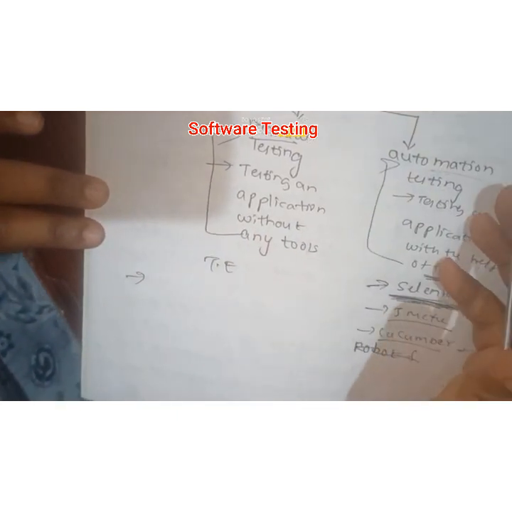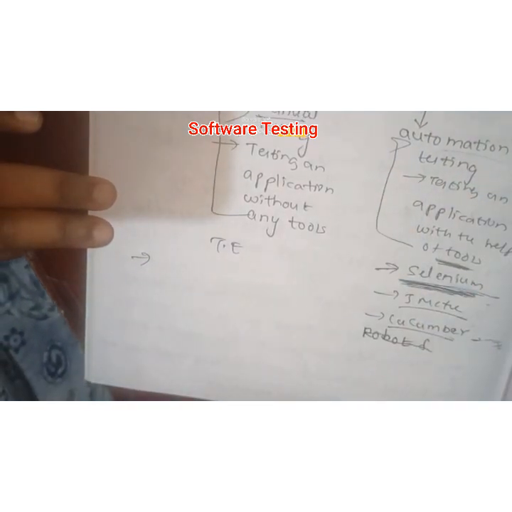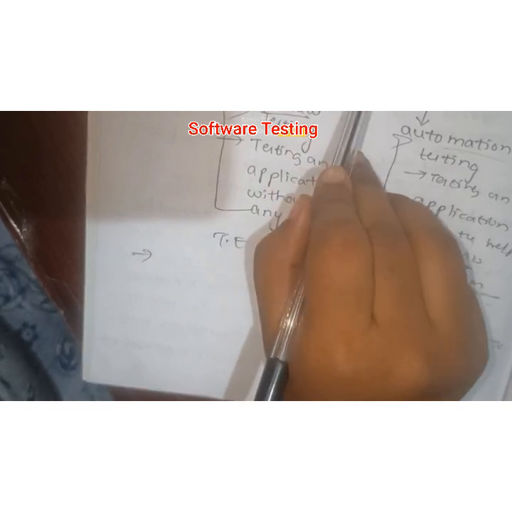Without testing, if you release the application into the market, your application may fail, because if there are many errors and the functionality is not working properly, who will use the application? No one will be interested in using it. So we have the process of testing so that there will be no errors and the process may work smoothly. Thank you.